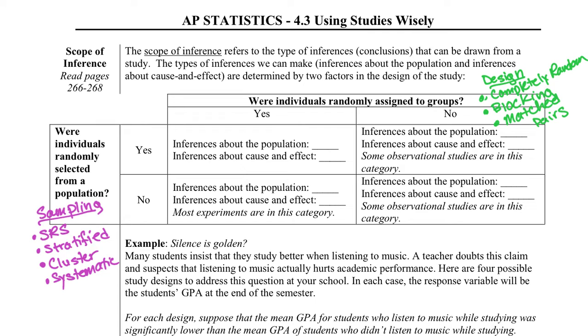I just really want to stress the difference between those two kinds of randomization. If we have a well-designed study and our sampling from our population is done in an orderly manner, then we can make inferences about the population, and inferences about cause and effect.